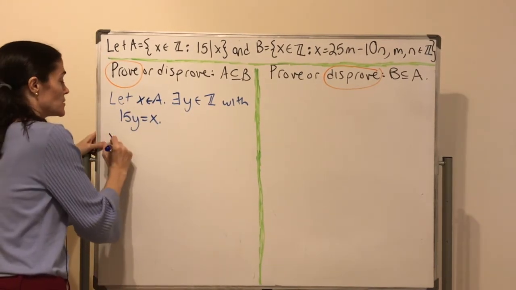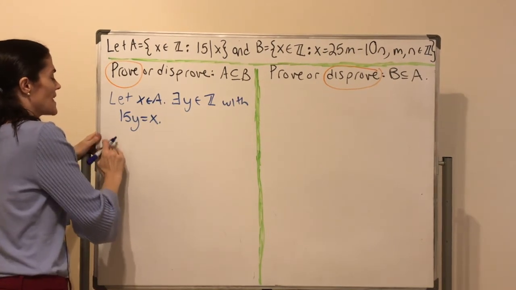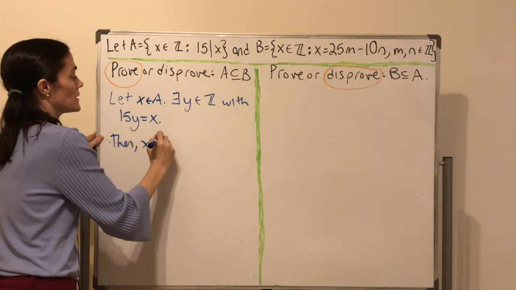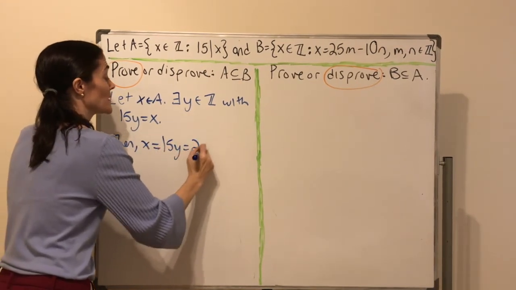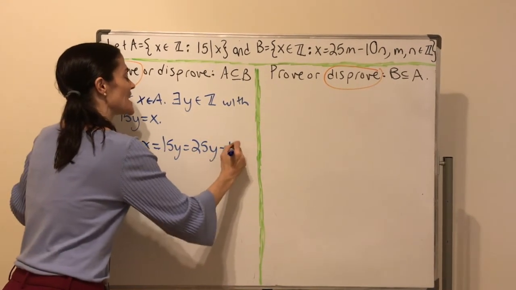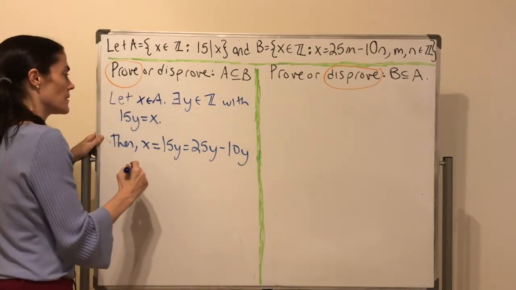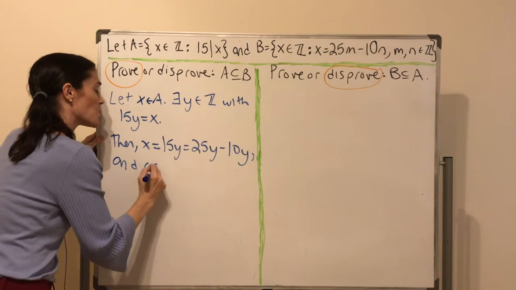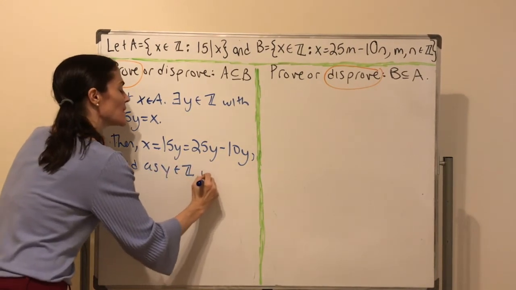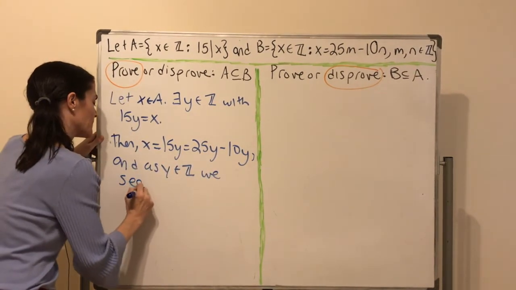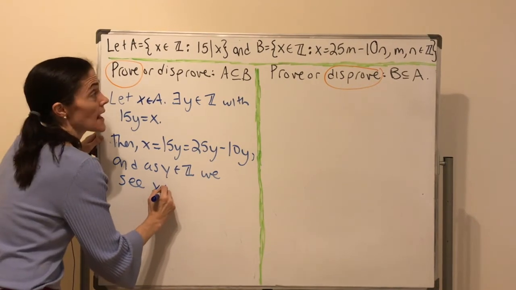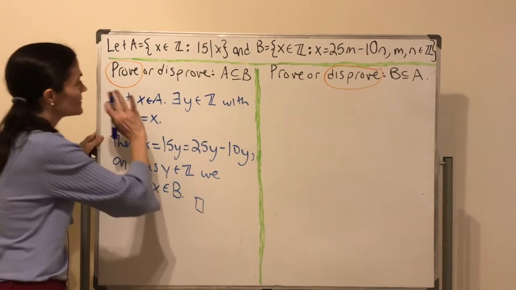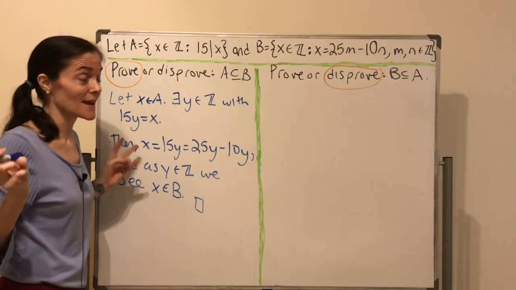And I can do that here. Then x equals, well, it's 15y, which is 25y minus 10y, comma, and as y is an integer, we see x is an element of B. And so this completes this direction, just proving that A is a subset of B.